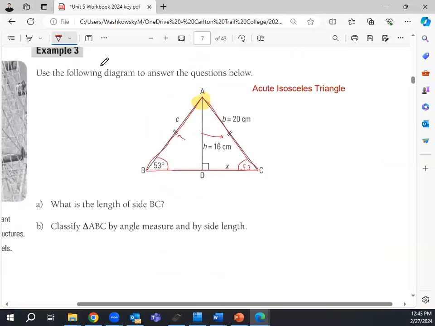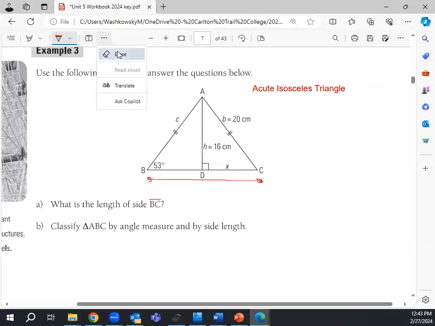So let's try actually diving a little bit deeper into this. I'm going to erase all my markings here. Okay. So the first question is asking us, what's the length of side BC? What does that mean? This BC means literally the length from B all the way to C, if you were to draw a line from it, which is what that bottom side is here. So we're trying to find the length of this red line.